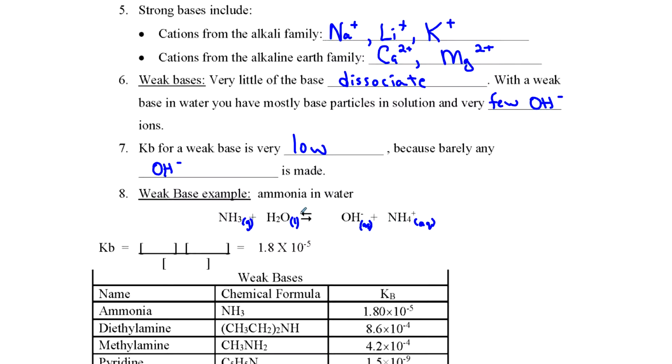Okay, so notice compared to the strong base, the weak base has the double arrow. This will dissociate, but only a very, very small amount. Most of it will stay as NH3.